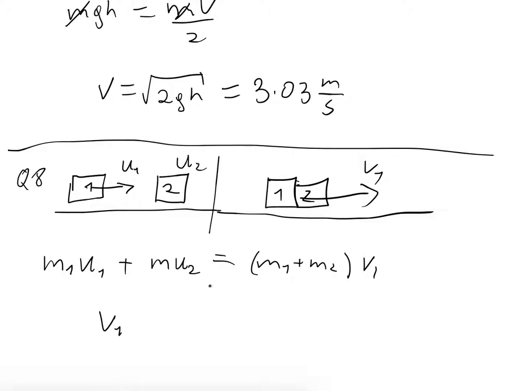So v1, divide both sides by m1 plus m2, noting that u2 is equal to 0. I end up with just this term, m1 u1, all divided by m1 plus m2. If I substitute the values in, I will discover that my speed is equal to 12 meters per second.